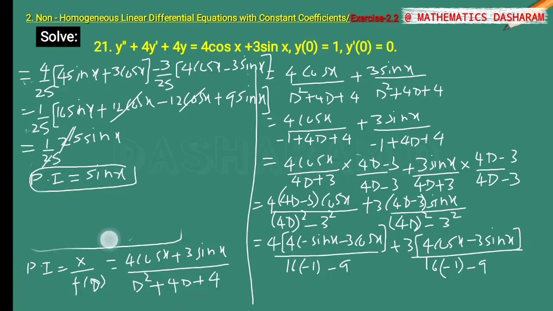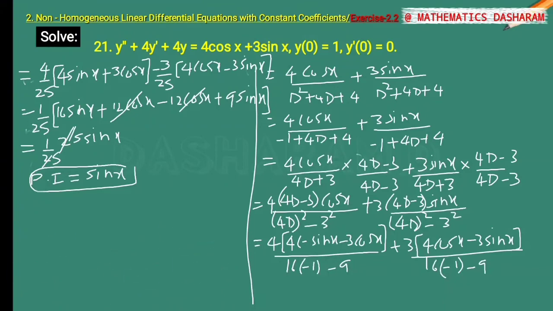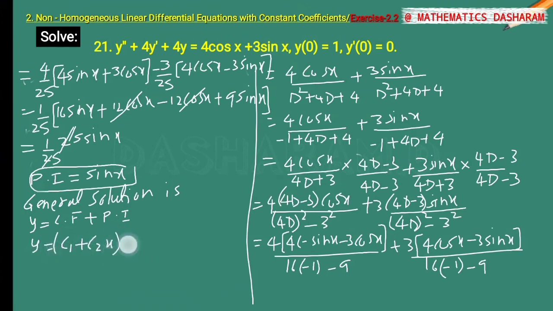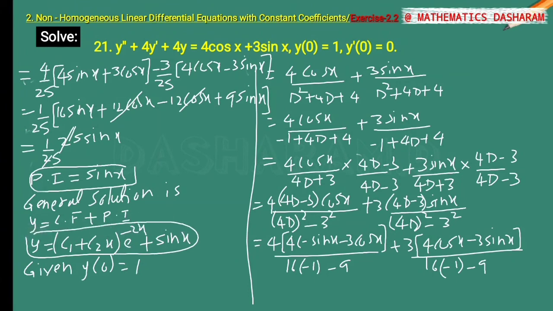So now the general solution is the complementary function, that is c1 plus c2 into x, e to the power of minus 2x, plus the particular integral sin x. Now given that y of 0 equals 1, which means y equals 1 when x equals 0.